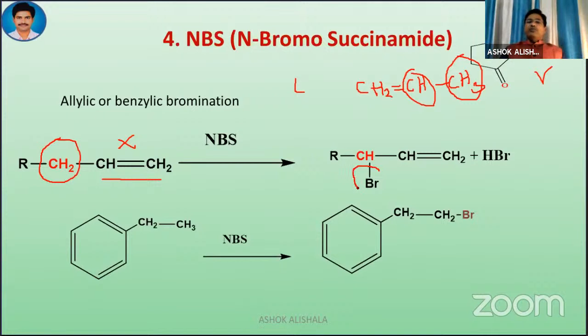Simply the bromine is added at the allylic position, or it is added at the benzylic position. This is called a benzylic position. Here the bromine is added here, not here. Whenever NBS is treated with any hydrocarbon, the bromine substitution takes place at the allylic position.